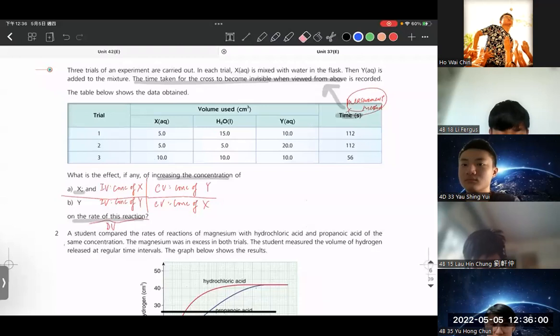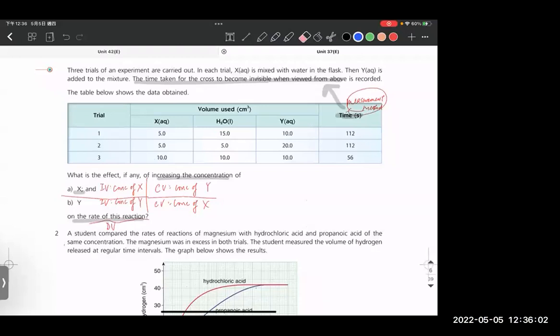Which 2 trials will be chosen? One and two. Take a look at 1 and 2 first of all. Is it in line with our understanding that the independent variable is the concentration of X, and the control variable is the concentration of Y?